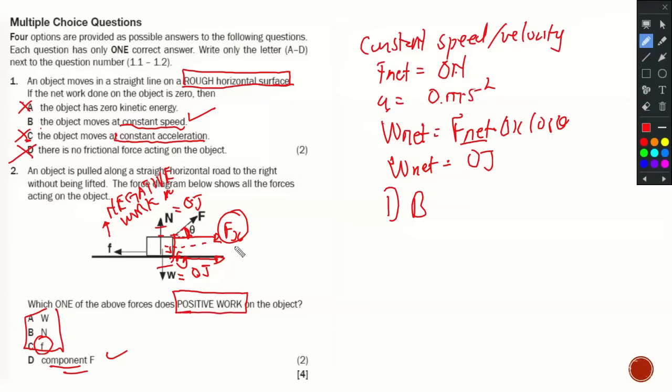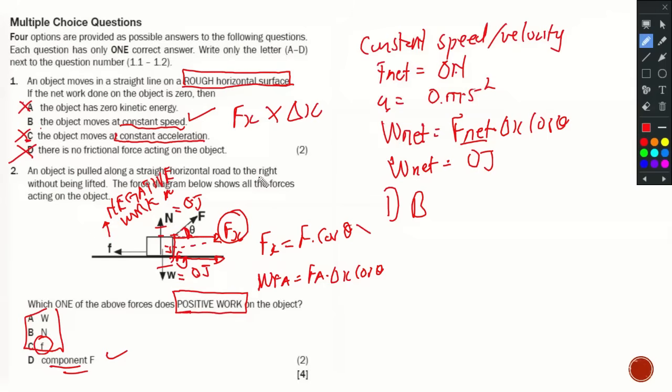And I did mention that Fx is equal to F cos theta, which is similar to having the work done by F, which gives you F delta x cos theta. Because with this one, you then have to multiply that Fx with the displacement, which will eventually give you the same thing here. So it is the component of F that does work.